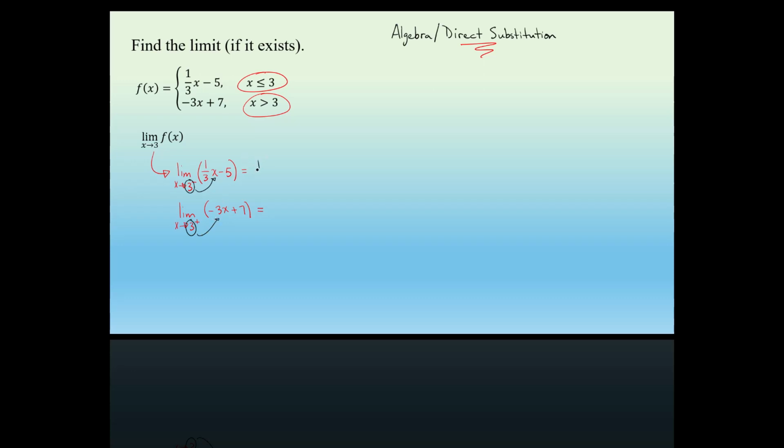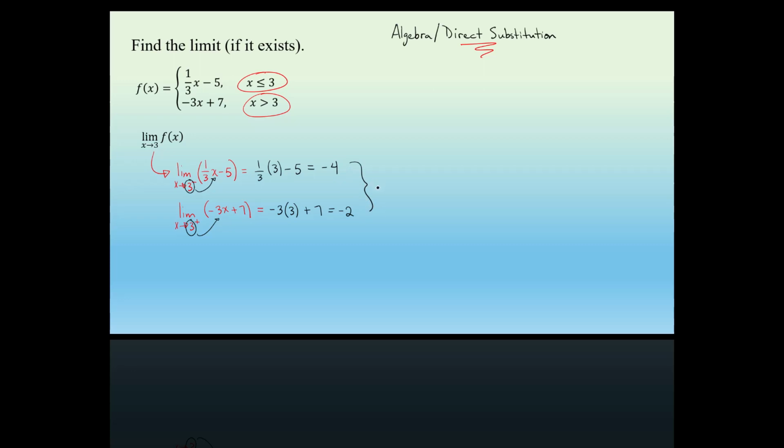So this becomes 1/3 times 3 minus 5, which is -4. This becomes -3 times 3 plus 7, which is -2.